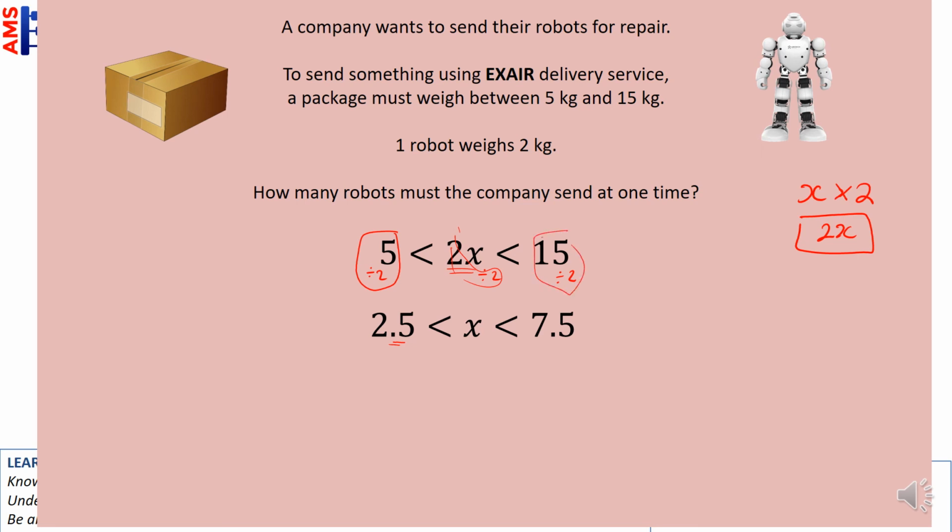So the number of robots, because x was the number of robots, needs to be between 2.5 and 7.5. So the number of robots that they should send at any one time can be 3 robots, 4 robots, 5 robots, 6 or 7 robots.